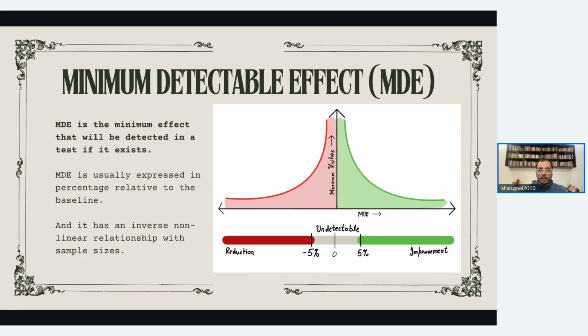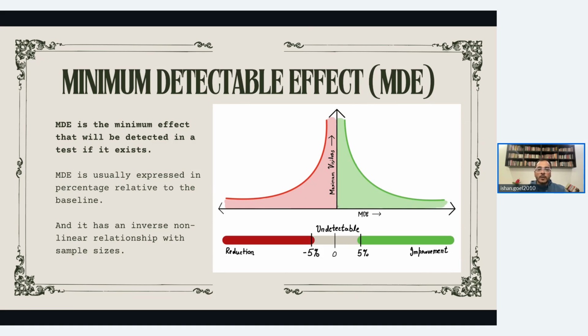This "if" is very important. Suppose I'm running a test and I set MDE to be 5%. It means that if there is an effect of at least 5%, it will be detected with an 80% chance. You can forget the 80% chance for now, it is power. But essentially MDE defines the minimum effect that will be detected in your test.